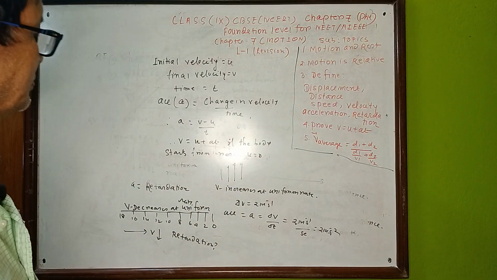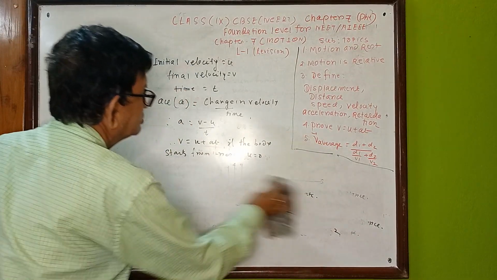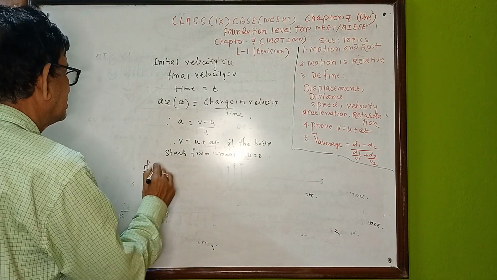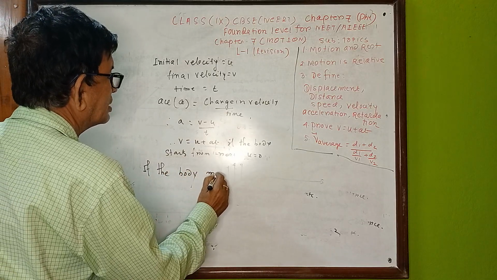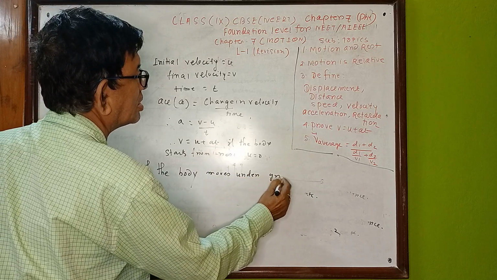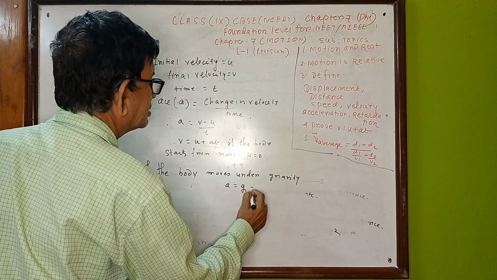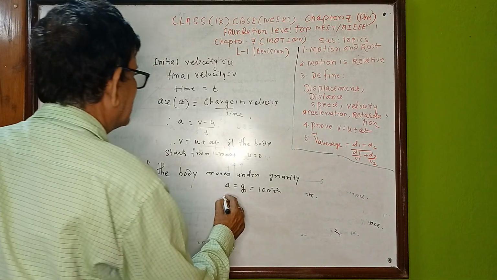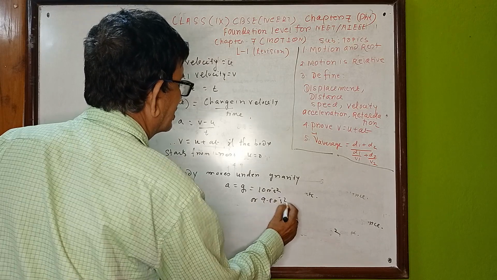Now if the body moves under gravity, you take A equal to g, that is 10 meter per second square if nothing is given, or 9.8 meter per second square.